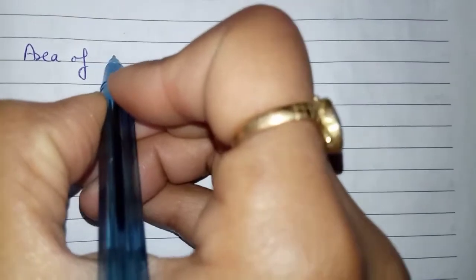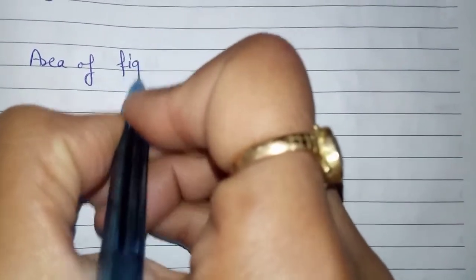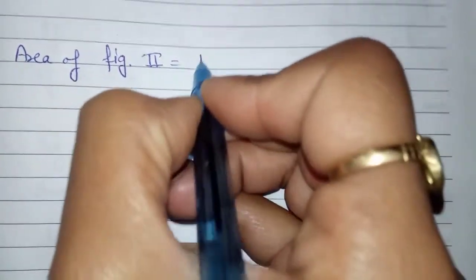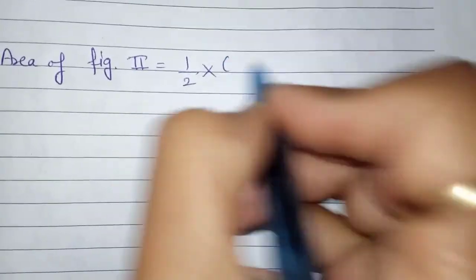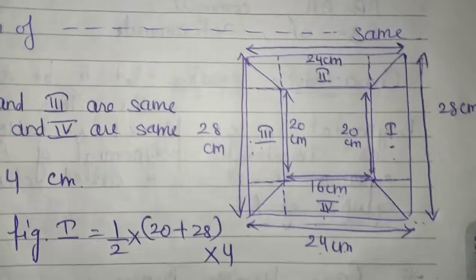Then we'll move towards the second. So area of figure 2, half into sum of the parallel sides.